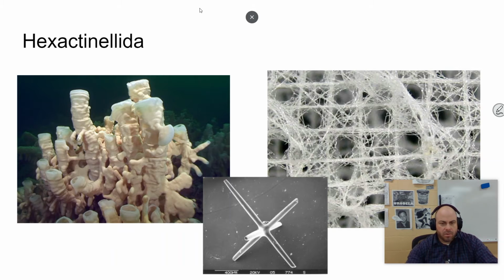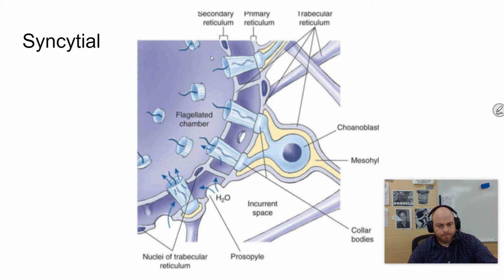Their tissues are what we call syncytial. And so what we mean by syncytial is, so how do I explain this? Imagine all of the cells that would have made up a particular portion of the body, and imagine them all kind of blending together to where it's just one big cell.